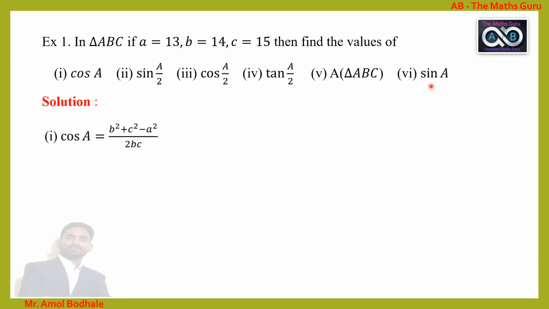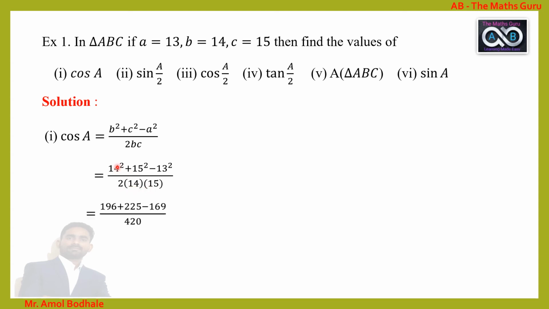Here the first value, cos A, we can calculate by using the cosine rule, that is cos A equal to (b square plus c square minus a square) upon 2bc. We have the values of a, b, c, so we put b as 14 square, c square as 15 square, minus a square as 13 square, upon 2 times b 14 into c 15.